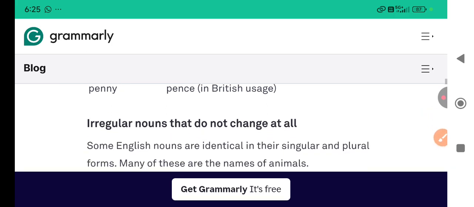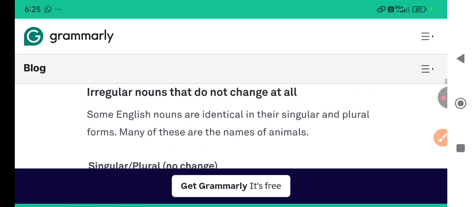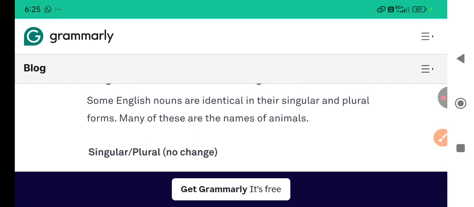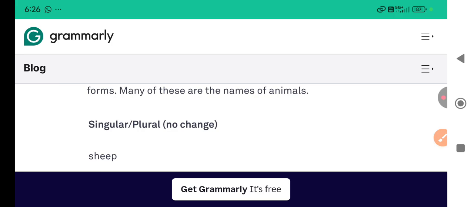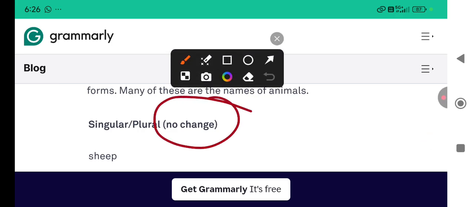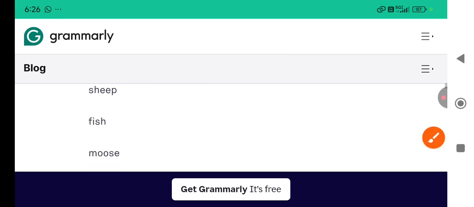The next list is also very important, because some English nouns are identical in their singular and plural. Many of these are the names of animals, so generally no change: sheep, fish, moose, swine, buffalo, shrimp, deer, trout.